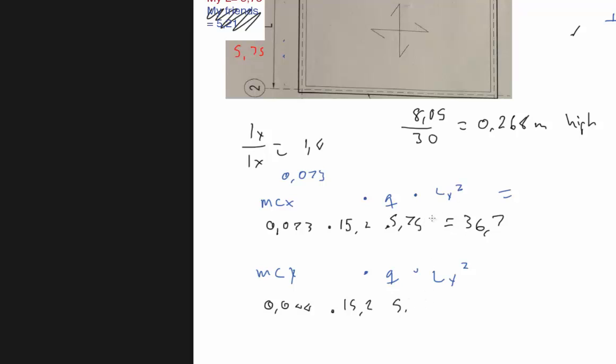I forgot a square there, but in the calculation I did it. 0.044 times 45 times 5.75 squared is equal to 22.11, which is different. I thought I got the same numbers, but I didn't. That's cool. Okay, doesn't really matter.